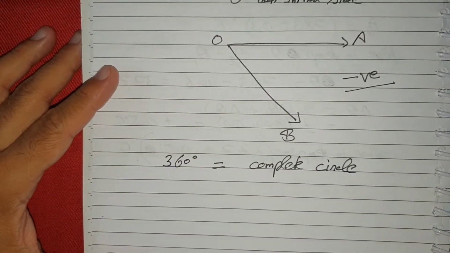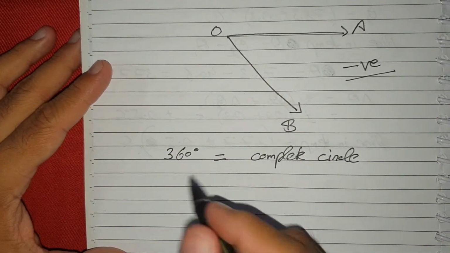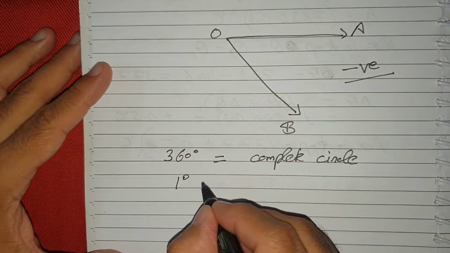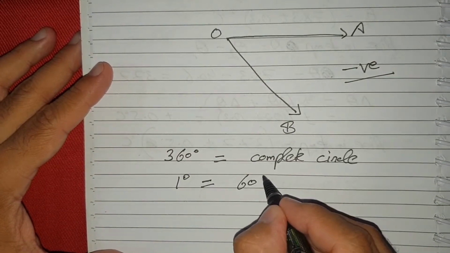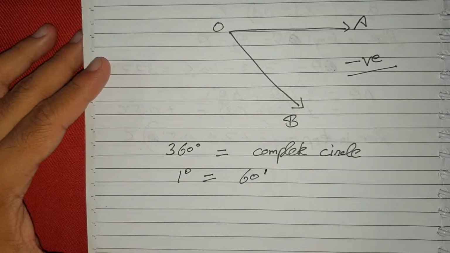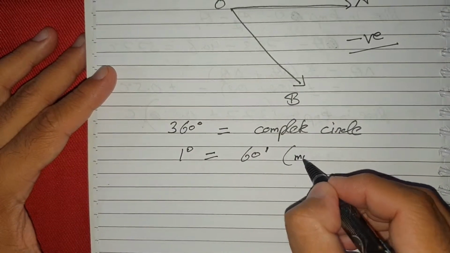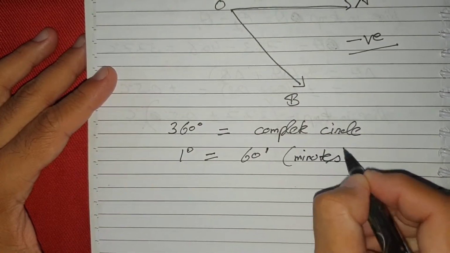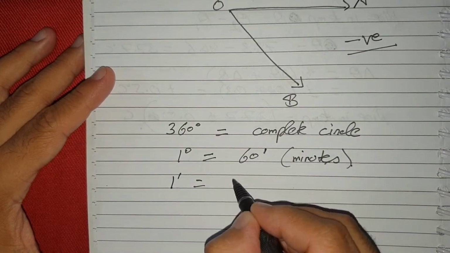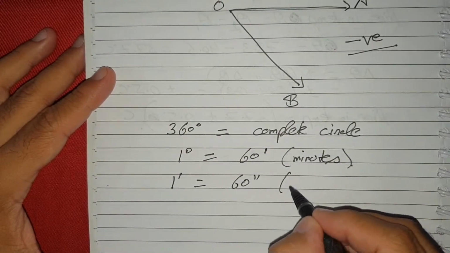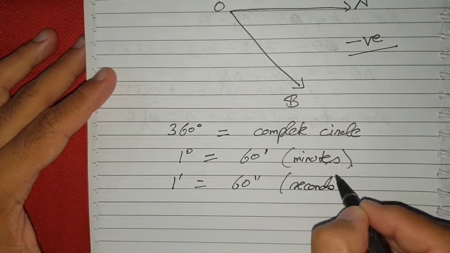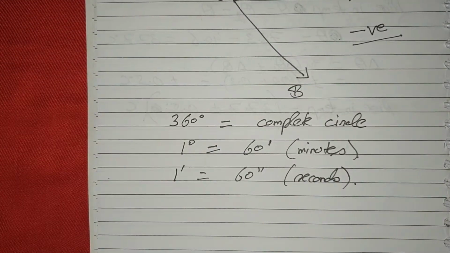This is a complete circle of 360 degree. Also, 1 degree is written as 60 minutes. This sign is minute. And 1 minute is 60 seconds. So this is 60 seconds.